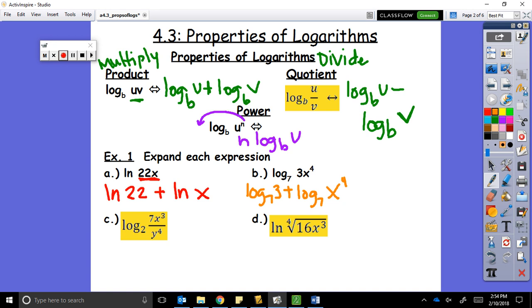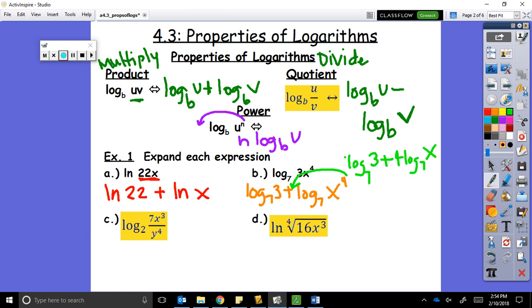And then I still have one more thing that I can do, and that's to pull that 4 out to the front. So it looks like this: log base 7 of 3 plus 4 log base 7 of x. Okay? So you kind of have to do order of operations and look at what's going on, all right?